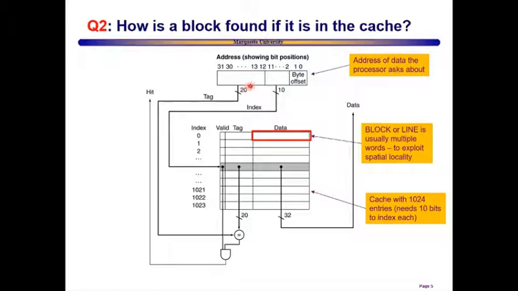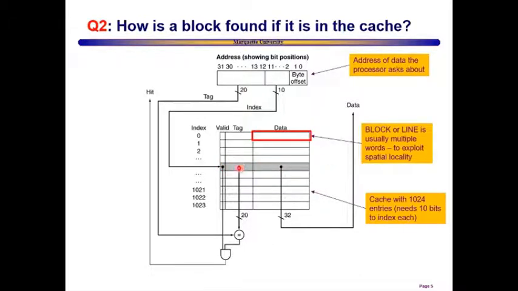That additional information is the most significant bits from the memory address that the data mapped to this cache entry, or cache block, comes from. Therefore, when the processor is asking whether the data from that memory address is cached or not, to find out the answer you use these 10 least significant bits and find out the index of the entry in the cache where that data might be located.